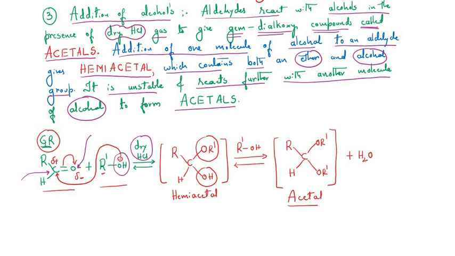And this dry HCl also absorbs the water that has been formed in the reaction, facilitating the equilibrium in the forward direction, that we have to remember, okay? So when this water is absorbed, the equilibrium will be shifting towards the right hand side, facilitating the forward reaction. Thus the above reactions are reversible.